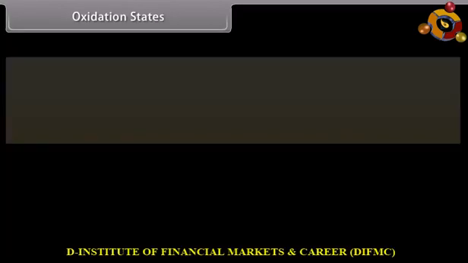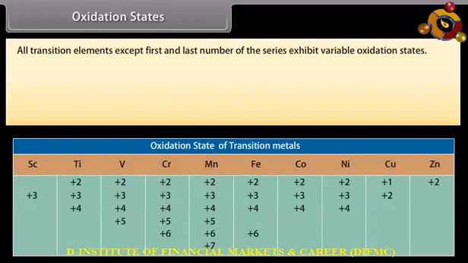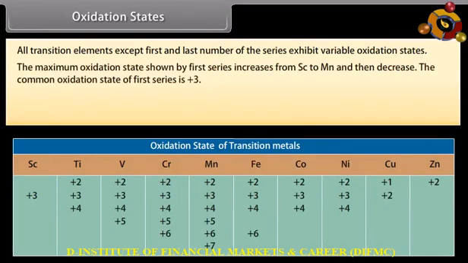Oxidation states. All transition elements except first and last member of the series exhibit variable oxidation states. The maximum oxidation state shown by first series increases from scandium to manganese and then decreases. The common oxidation state of first series is +3.